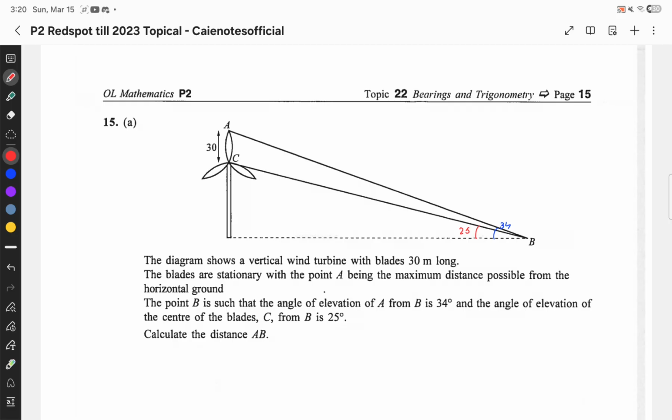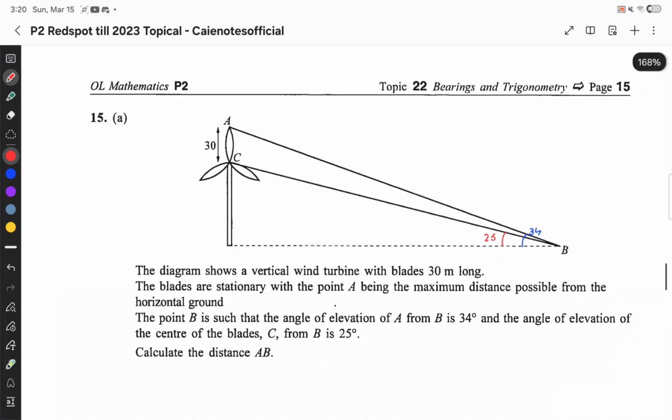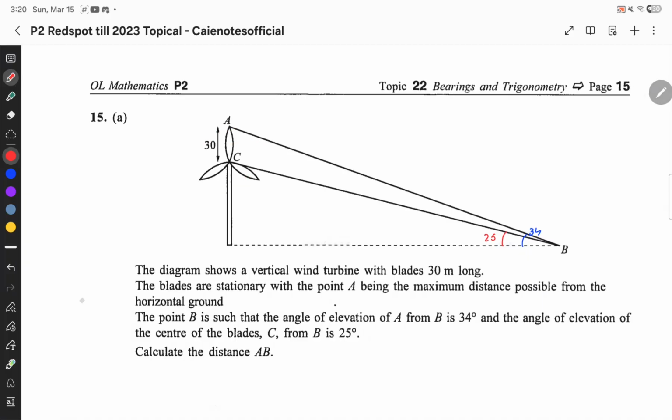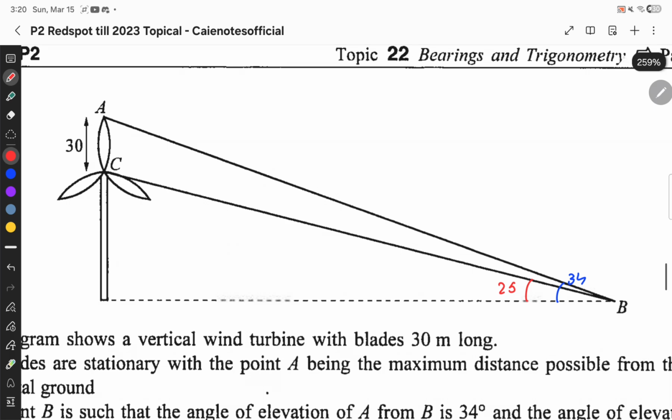We can find the distance AB. How do you find the distance AB? Well, we can use some sine rule to our advantage. This is 30 meters long, and we want to get this. We are not given any other information other than this 30.